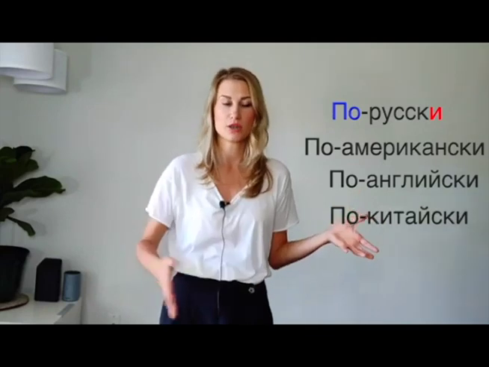So if we take the masculine adjective, русский, американский, английский, японский, болгарский, тайский, китайский, and so on, we are going to take that ий ending and replace it with just a single е. So a single е indicates that it's an adverb. And we're going to add our prefix with the hyphen, по. So we will get по-русски, по-американски, по-английски, по-китайски, and so on.